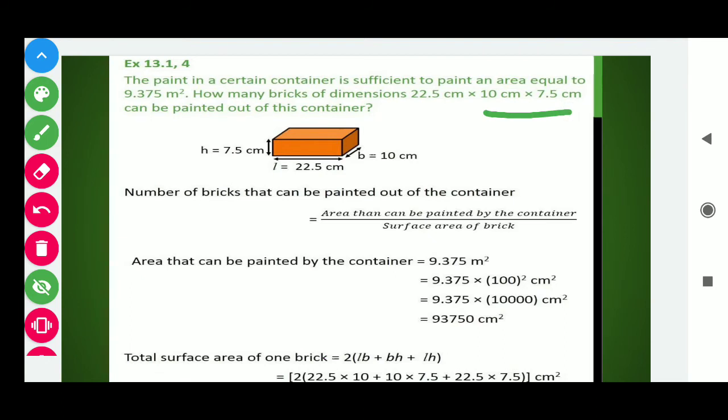So students, how many bricks of these dimensions, length, breadth, height, can be painted out of this container?